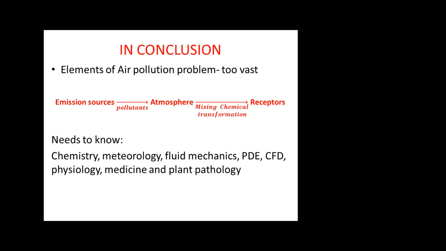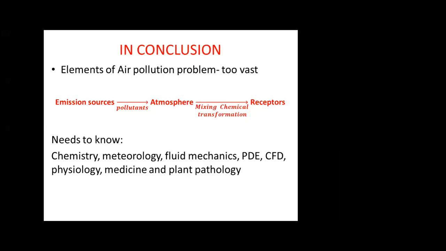There is a lot of work going on, and indoor pollution study is very simple, because there is no turbulent diffusion, which is the main thing here, and there is no wind. So we can study indoor air pollution in the simplest way.